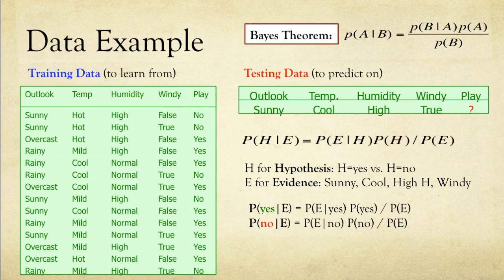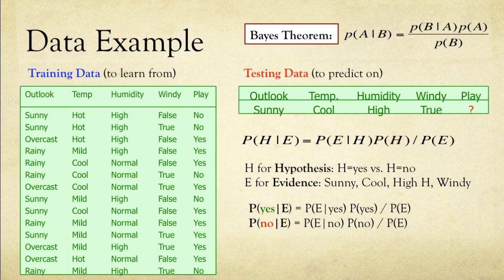Okay, and from the Bayes theorem, we can easily come up with the equation that this probability can be computed by P(E given yes) times P(yes) divided by P(E). And we can do the same thing for the probability of no. So we can also estimate the probability of no given the evidence, given the observation of the data.